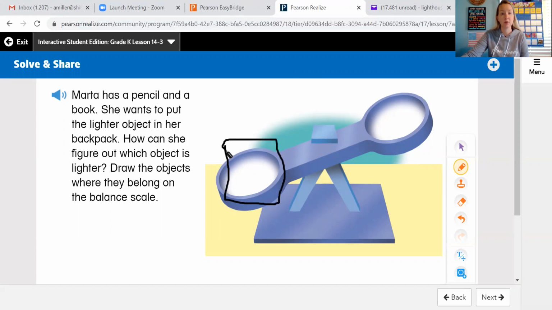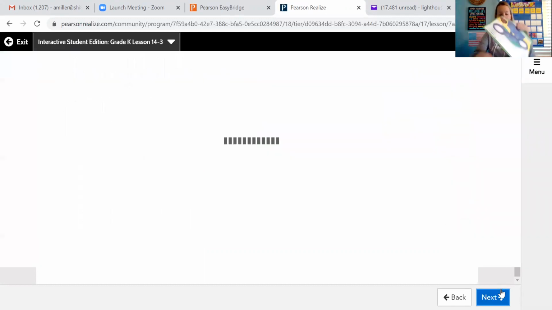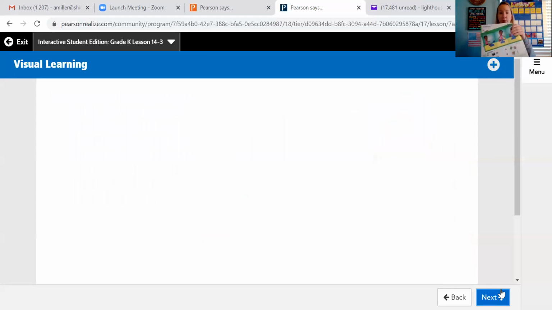You can just draw a rectangle, and a pencil on the lighter side. The pencil would go way up in the air because it doesn't weigh enough to make the scale go down. All right, when you are finished with that, go ahead and do your hard flip, and we will move along to our video portion.